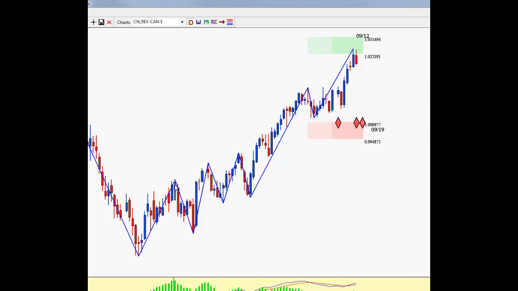Once this two-bar swing formed, as you can see, we have a higher high here, and then it's followed by one lower low, and then here's another lower low that confirms that is a two-bar swing top, and then sets up for a swing bottom to show up later. The question is, let's say for example if we were here, is this at support?